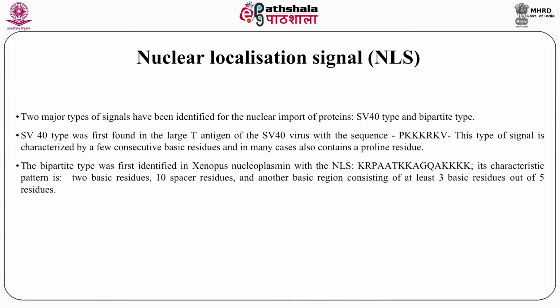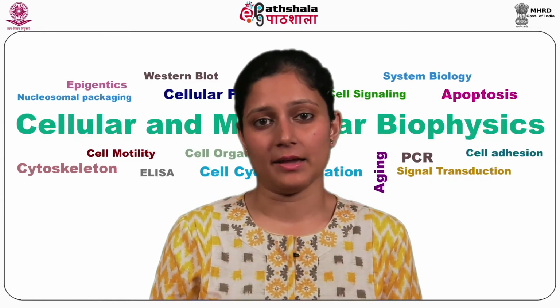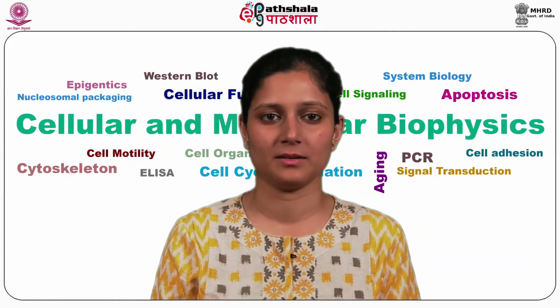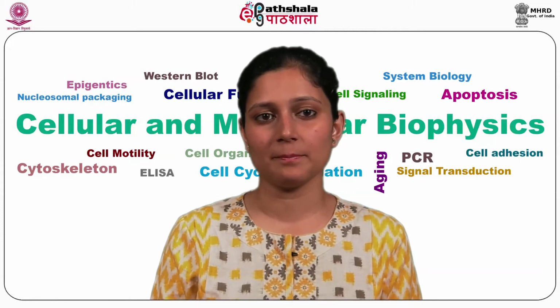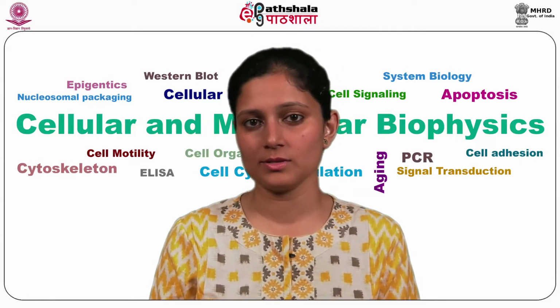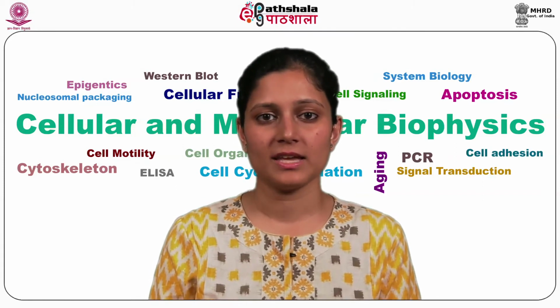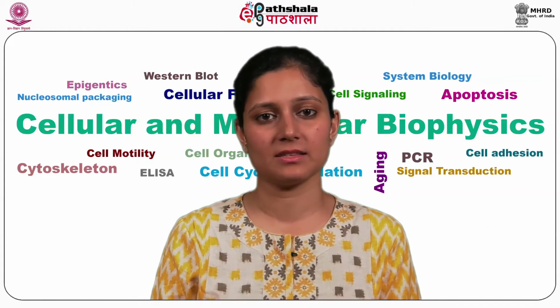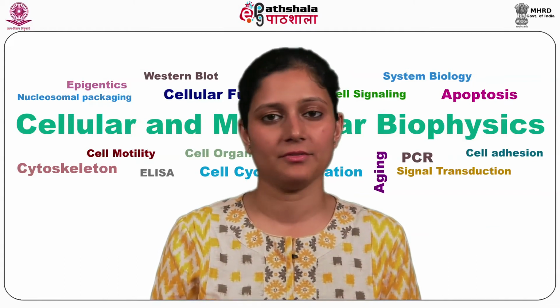This type of signal is characterized by a few consecutive basic residues and in many cases also contains a proline residue. The bipartite type was first identified in Xenopus nucleoplasmin. Its characteristic pattern is two basic residues, 10 spacer residues, and another basic region consisting of at least 3 basic residues out of 5 residues.